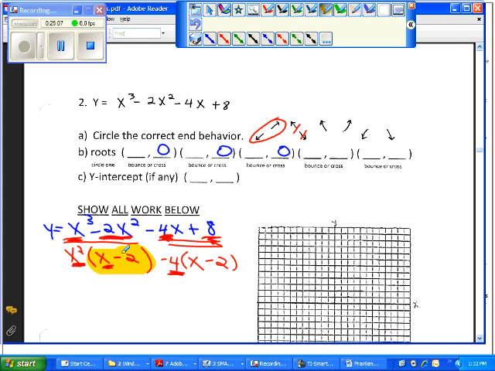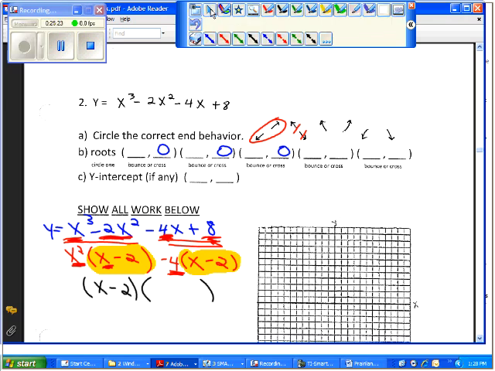If you don't get a common binomial, it's not factorable. That or you messed up when you were trying to factor. We did get a common binomial. That's good. When we go from there, we take that common binomial and we make it our first binomial. And then we take the pieces and make that our second binomial. And we're letting y be equal to 0. Let's see how we got that.